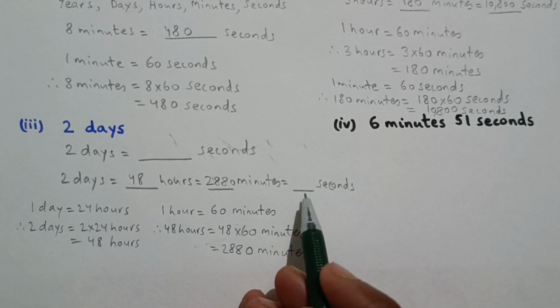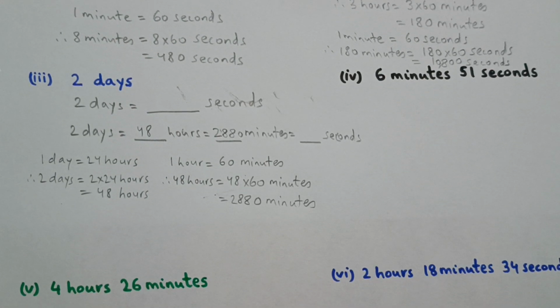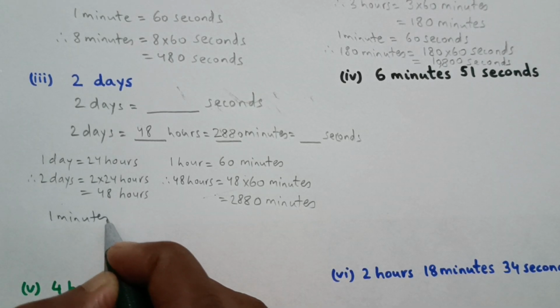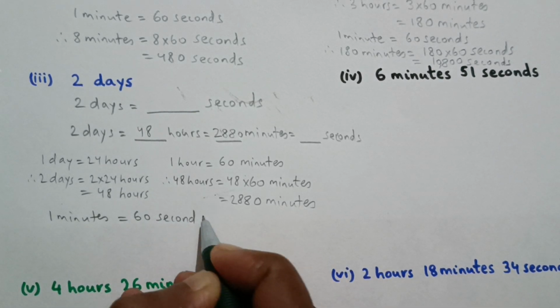And now, 2880 minutes is equal to how many seconds? We know that 1 minute is equal to 60 seconds.